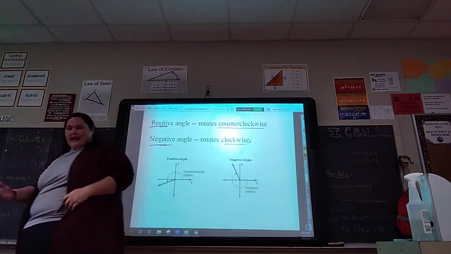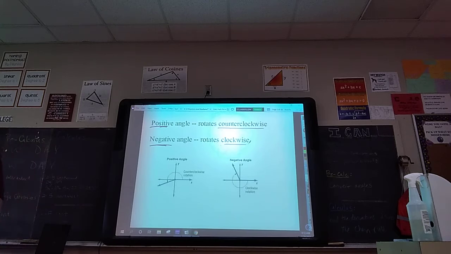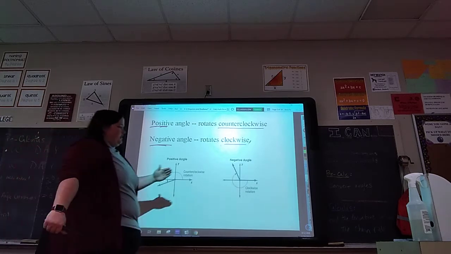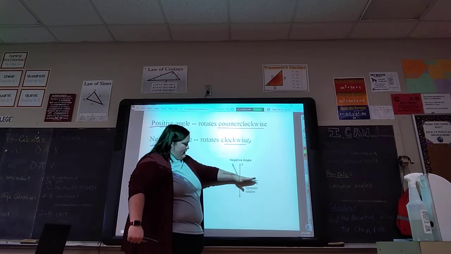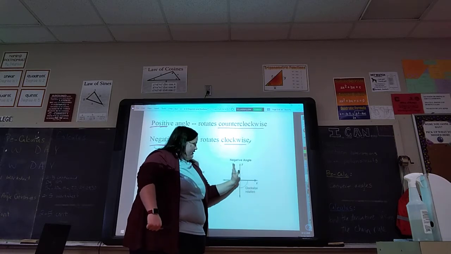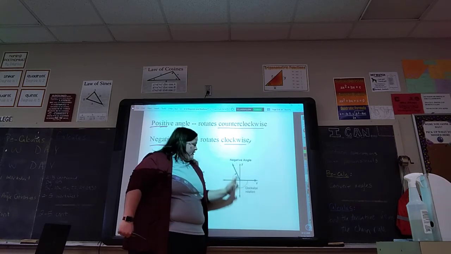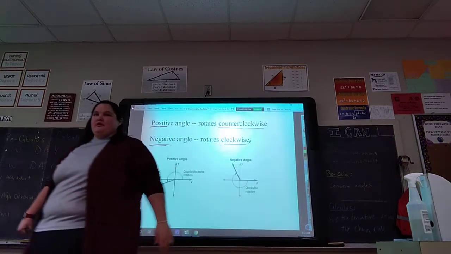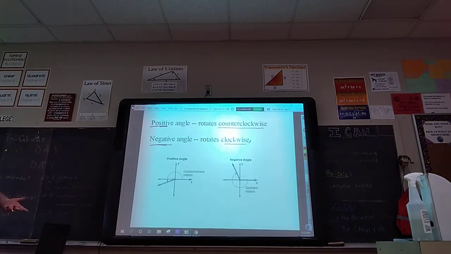So if you see a negative angle measurement, that just means that we start from the initial side, and instead of rotating counterclockwise, like our positive angles, we rotate clockwise. So we're saying that that's a negative rotation. So for our initial side, this would be like negative 90, negative 180, so then like negative 220 or something like that could be our measurement for that.